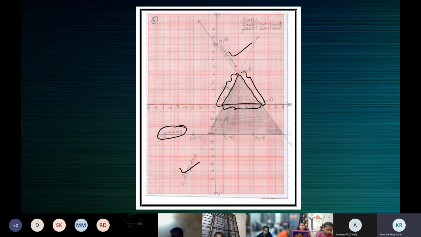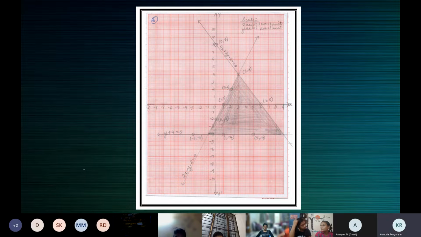But no, you have taken some line of your choice, which is the x-axis, y is equal to 0. This triangle is bounded by these two sides and some other line, which is the x-axis, not the line y plus 4 is equal to 0. Yeah, but that's a nice question.